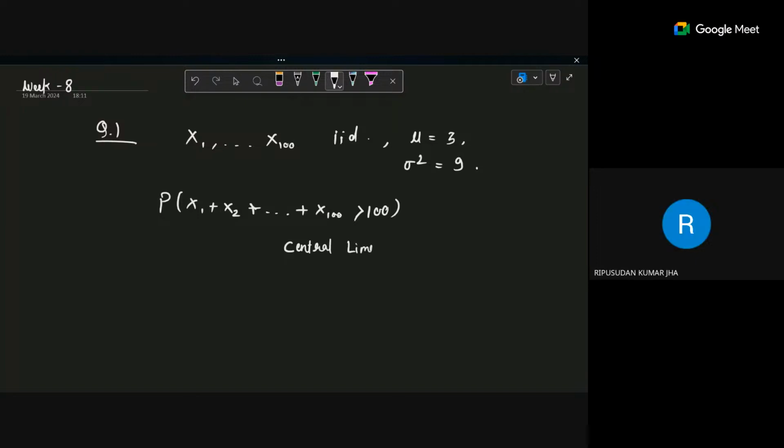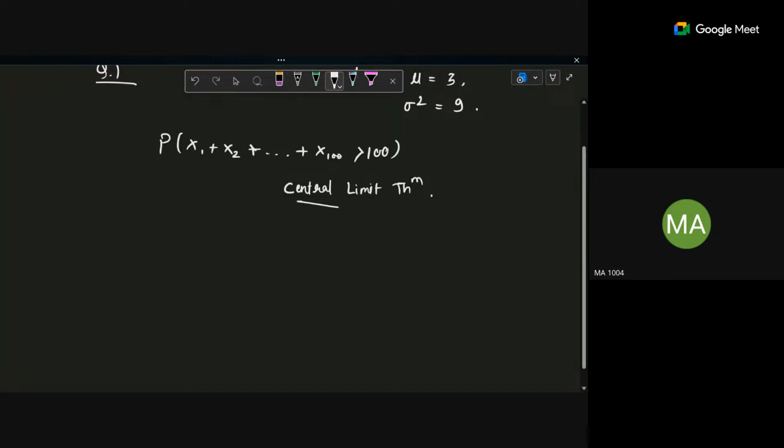We will first standardize the probability. As these are IIDs, we can do one thing. By the way, what is the central limit theorem? Why are we standardizing it to normal? Any idea? You might have attended yesterday's lecture, right?